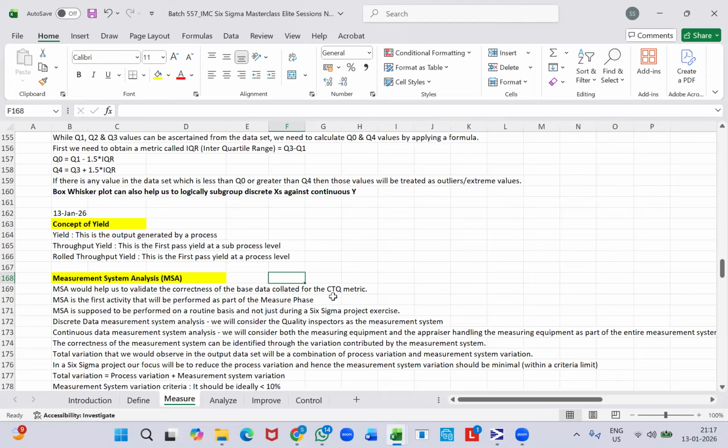So this MSA, why do we need to perform this MSA exercise is the question, right? So we have collated the base data for the CTQ metric. So we are going to calculate the CTQ metric by considering all those base values that have been given to us by the process team. Now, how do you know that the base data that has been handed over to us by the process team is absolutely valid, right?